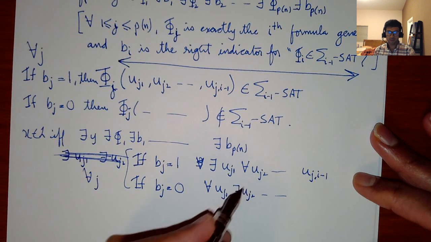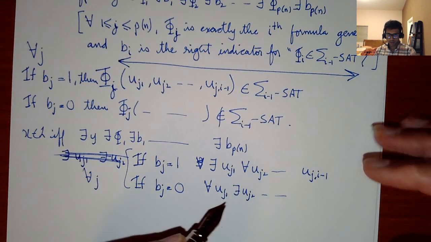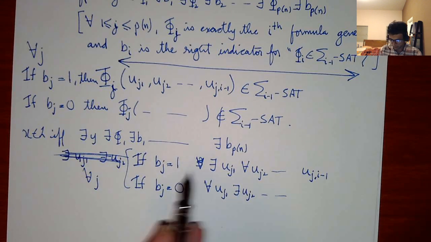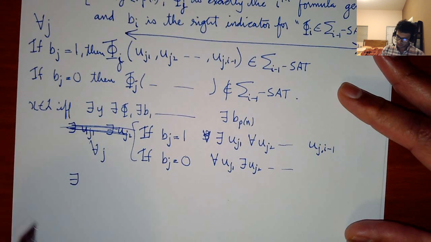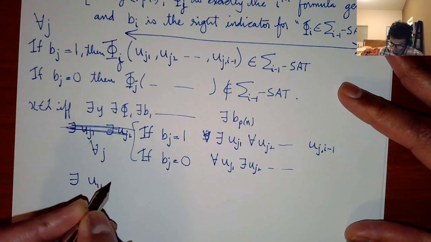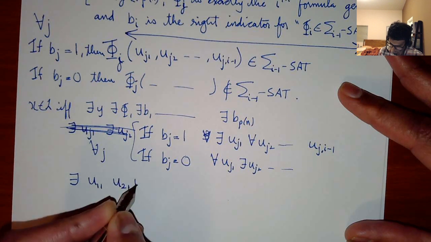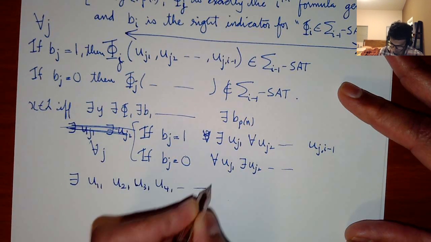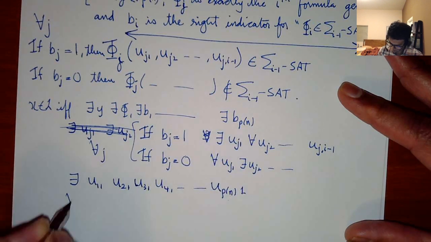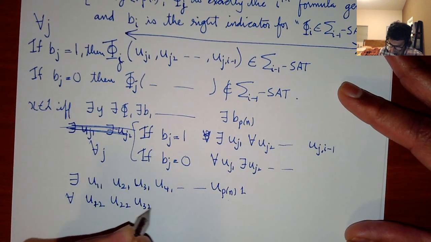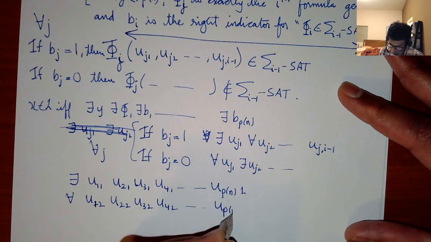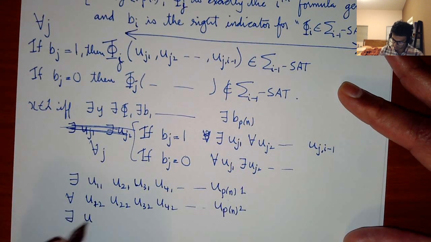And these are all independent of each other, so I can interleave them so that I don't have to keep switching quantifiers for all of them. What I mean is I can write something like there exists u11, u21, u31, u41 up to u p n of 1, such that for all u12, u22, u32, u42 up to u p n of 2, such that there exists u13, u23, and so on and so forth.